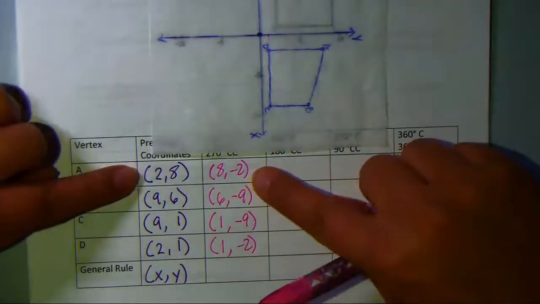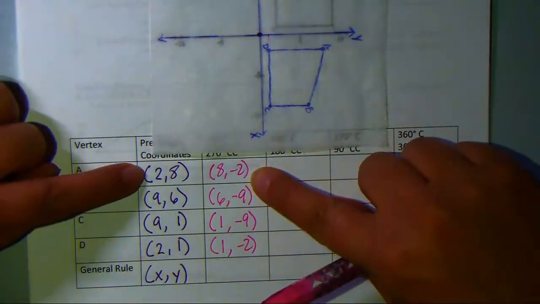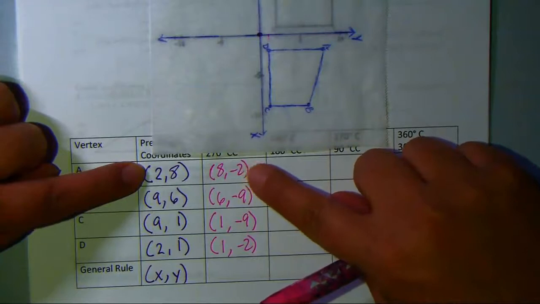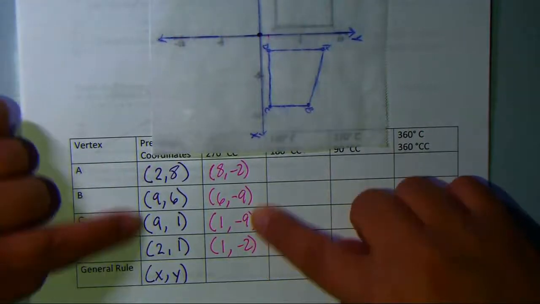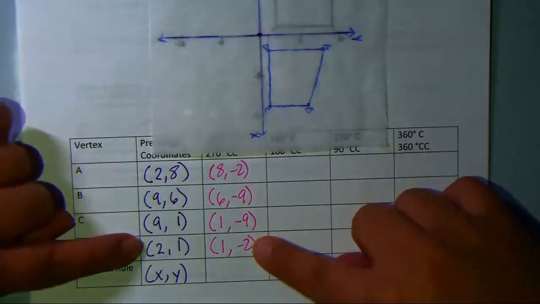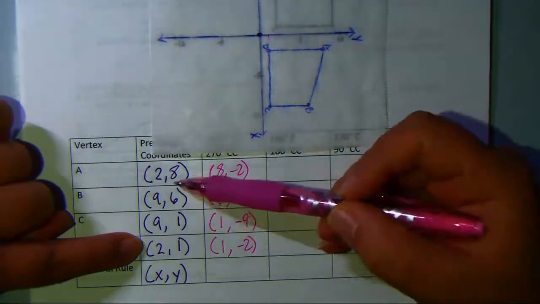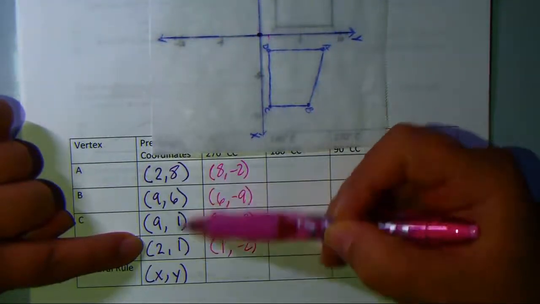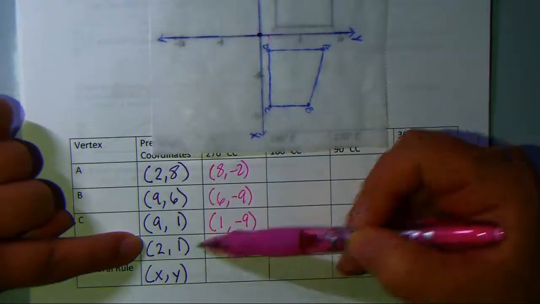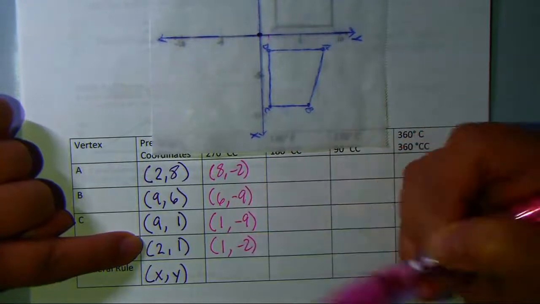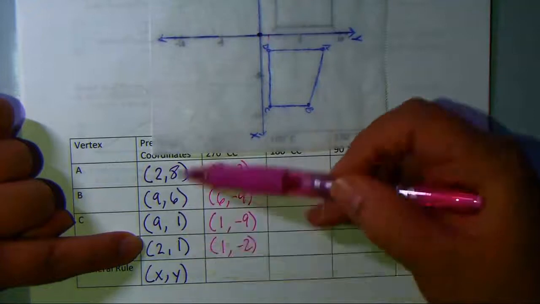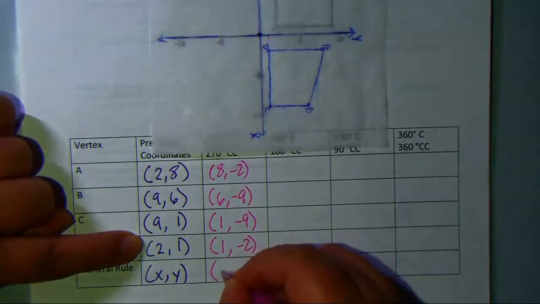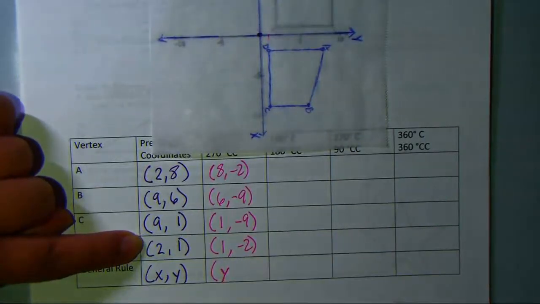Now, if I compare my pre-image coordinates to the image coordinates of this rotation, hopefully I can see a pattern. We can see 8, 6, 1, 1 in our y coordinates in the pre-image, but now those have become our x coordinates. So our original y coordinate just became the x coordinate here.